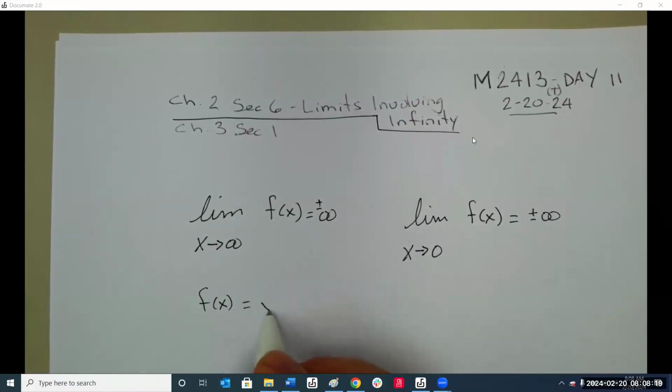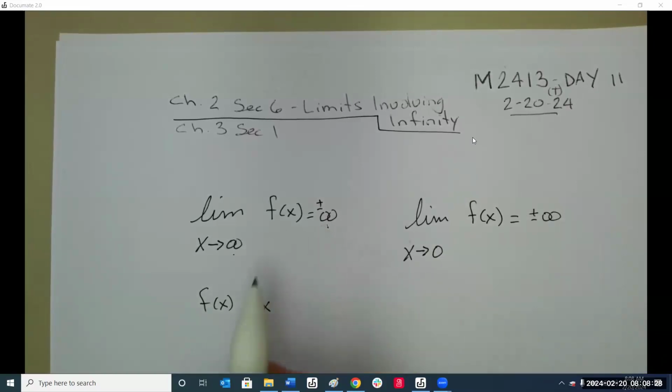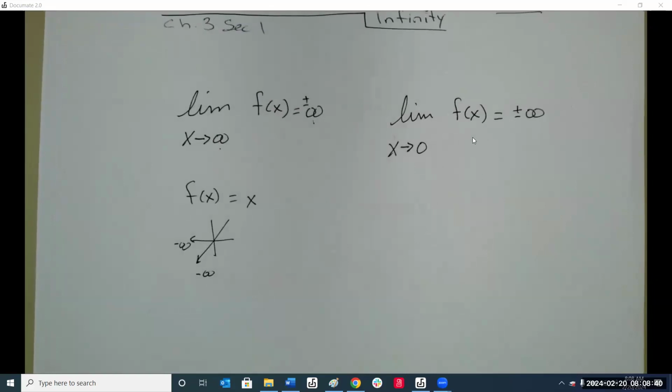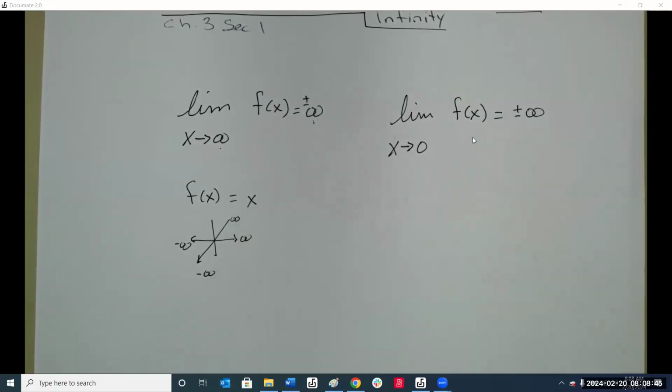How about just x? As x goes to infinity, it goes to infinity. What does this graph look like? It's a diagonal line. So as x goes to negative infinity, y goes to negative infinity. As x goes to positive infinity, y goes to positive infinity.